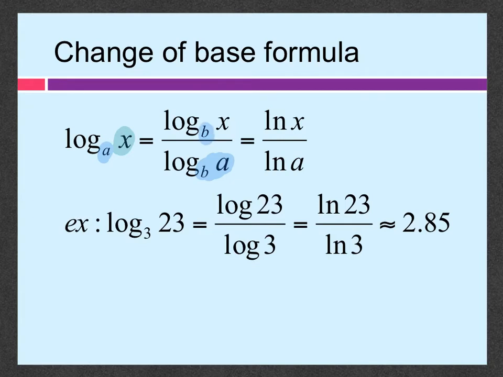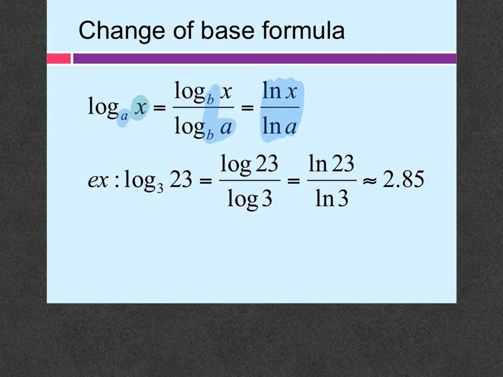Because this is any log, you can make any log equation a ratio using any base. And we have calculators that use base 10, or the natural log would be log base e.